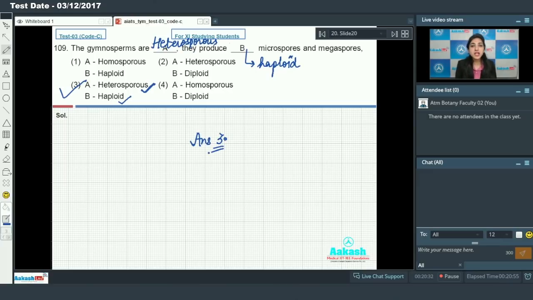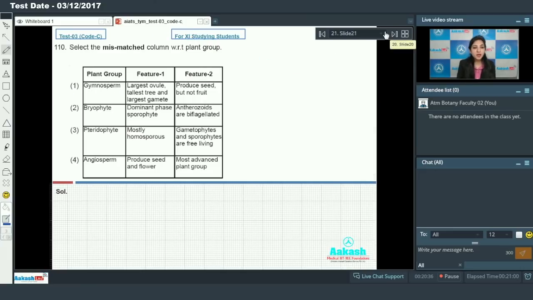Moving on to the next question, that is question number 110. Select the mismatched column with respect to plant group. In gymnosperms: largest ovule, tallest tree and largest gamete. This is true. Largest ovule is found in Cycas revoluta.